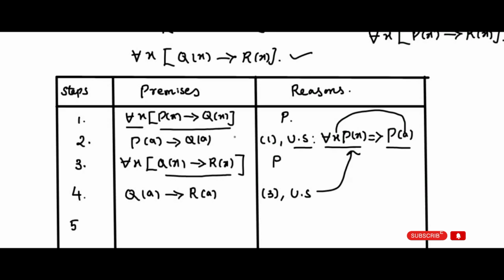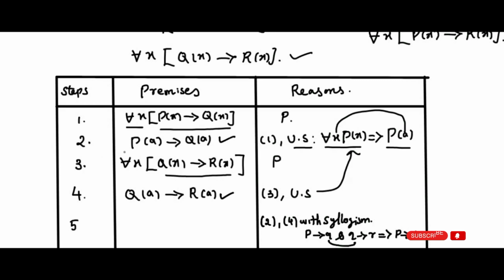Now we write step number 5. How to write step number 5? Using step number 2 and step number 4 with the help of law of syllogism. What does syllogism law mean? Whenever we have p then q and q then r, we can write p then r.